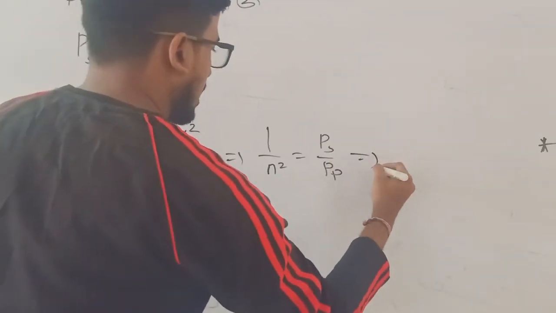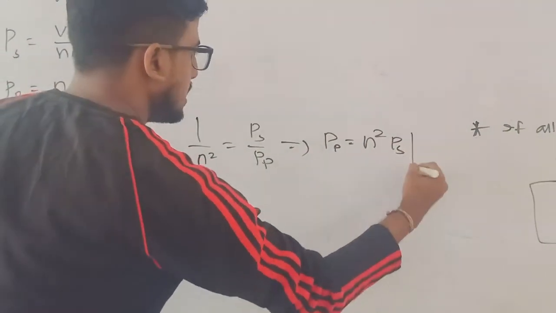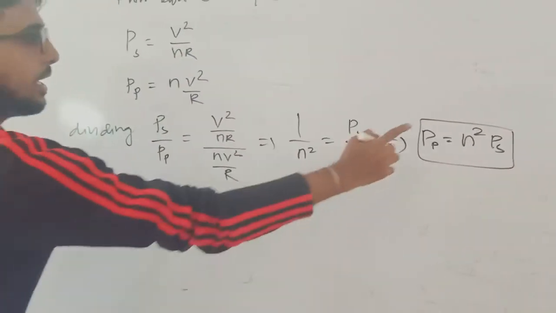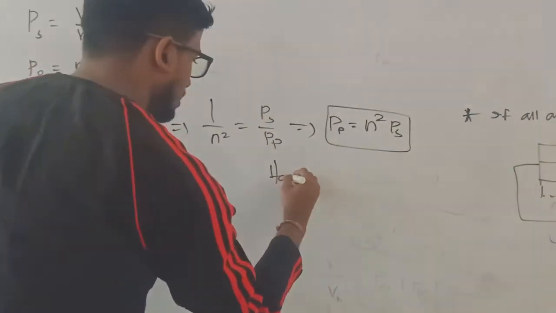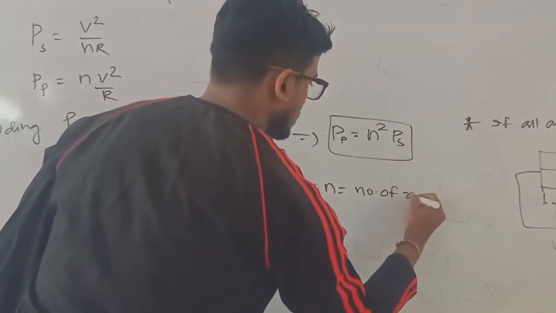So from this you can calculate P parallel equal to N square into P series. Here N equal to number of resistors.